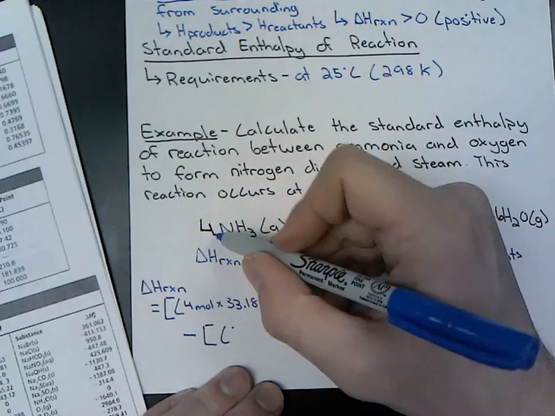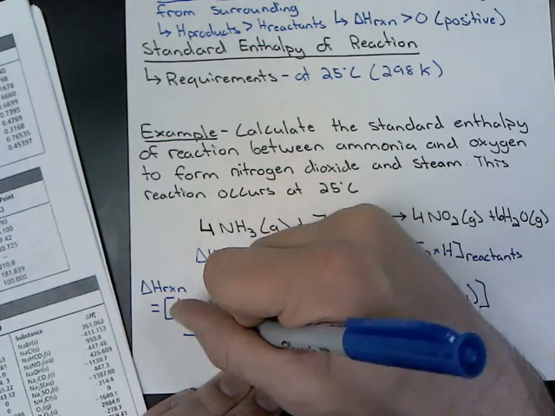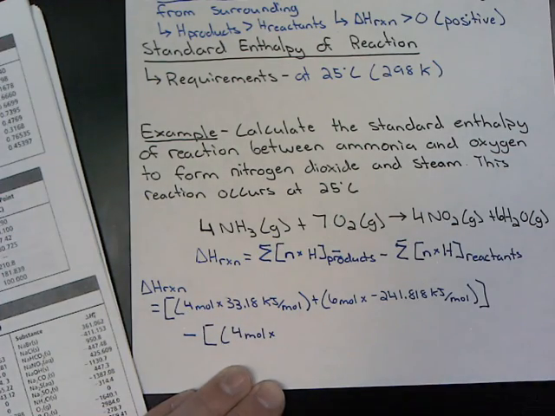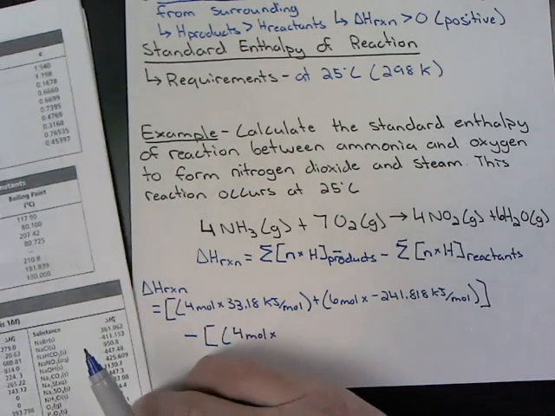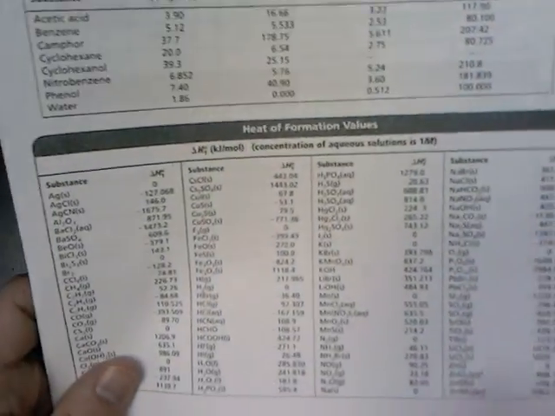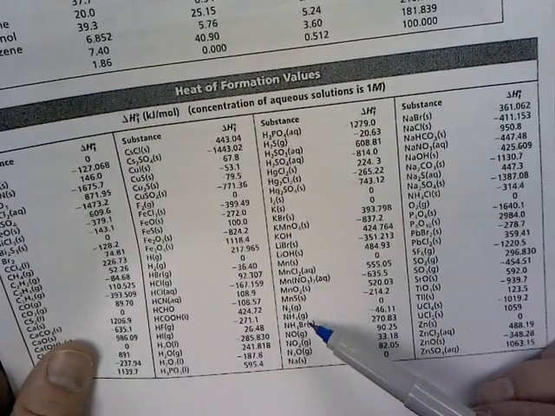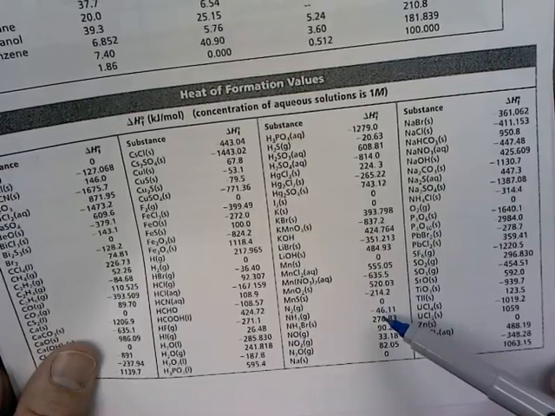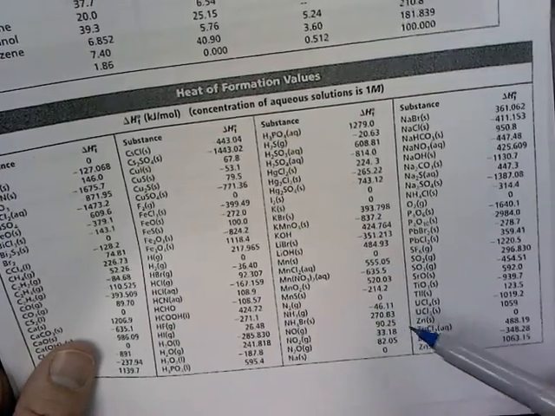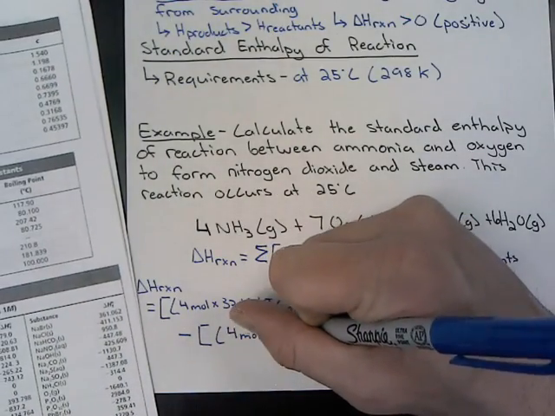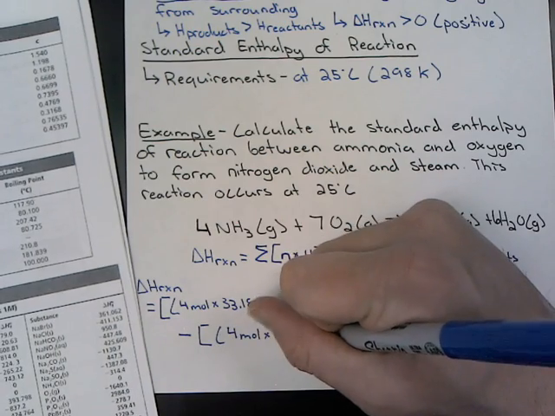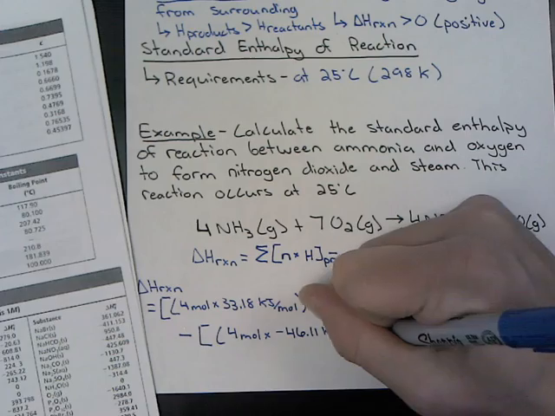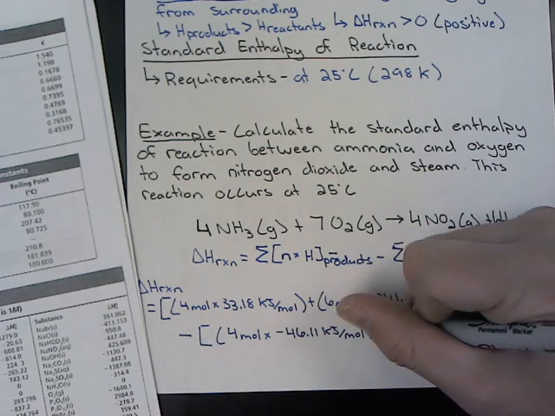So we start out here and we use 4 moles for NH3 because it's a reactant, and we multiply it by that value for NH3, which comes from this chart. NH3, we have it as a gas. Its value is negative 46.11 kilojoules per mole. Close the parentheses.